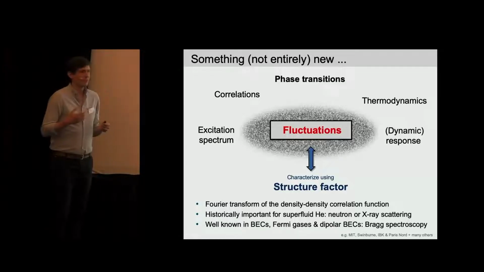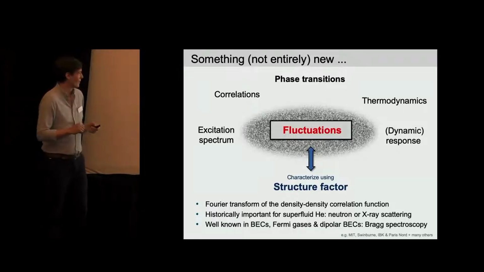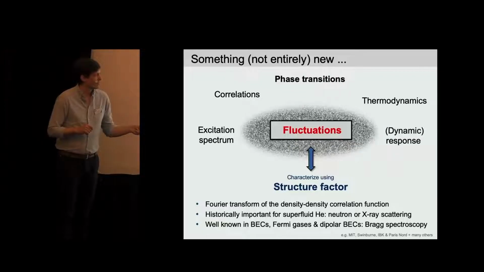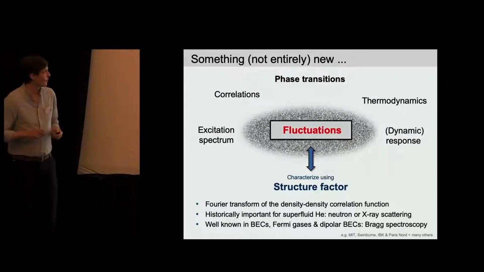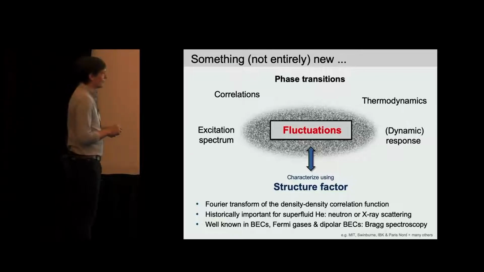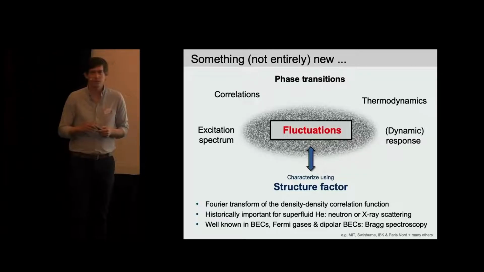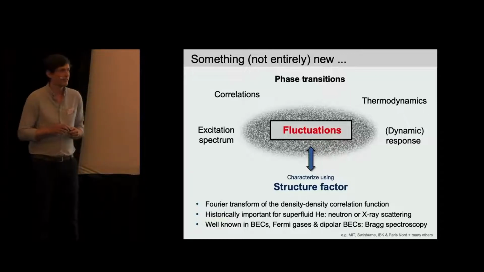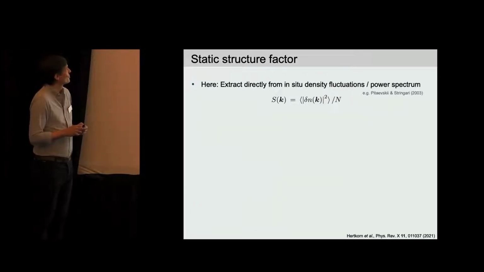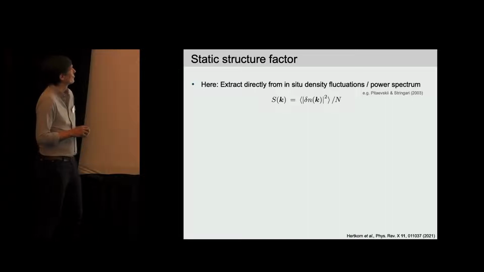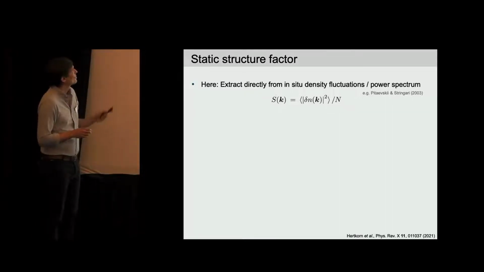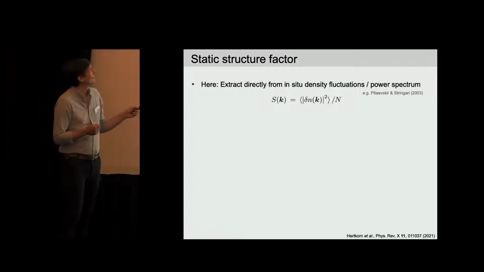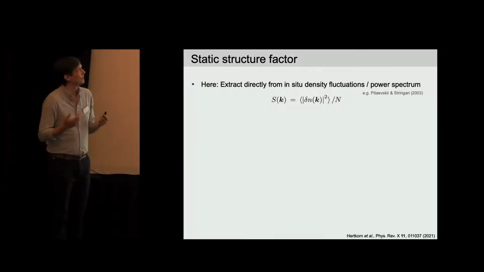And it's, of course, something in our ultra-cold community that is very well known, where it's usually measured by Bragg spectroscopy. Now, if there are any experimentalists here that ever had to set up and tune an apparatus for Bragg spectroscopy, they will know this is not a lot of fun, which is why we took a different approach and measured the static structure factor, which is actually directly related to the in situ density fluctuations.